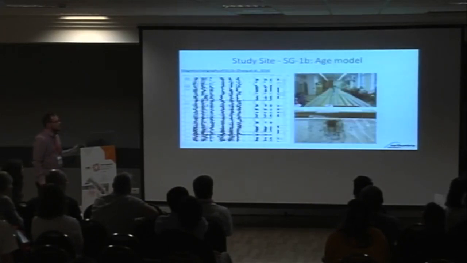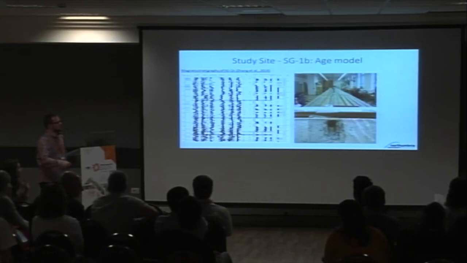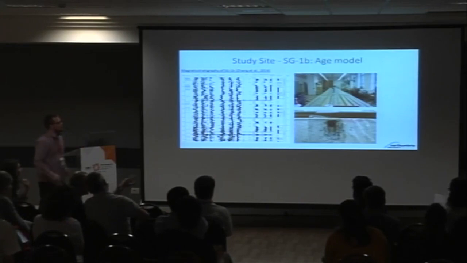For the age model of our two records, the SG1B core had magnetostratigraphy conducted, and you can see some images of that core, which has a really good relationship with the reversals.